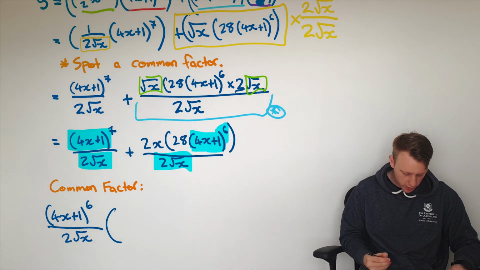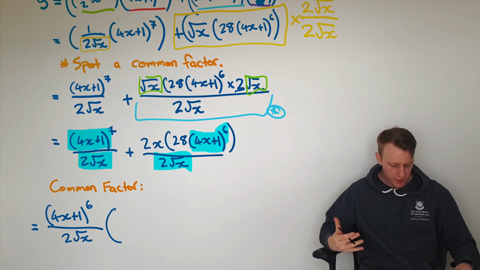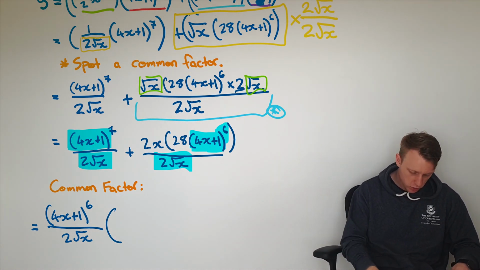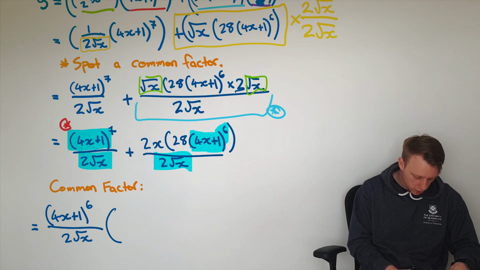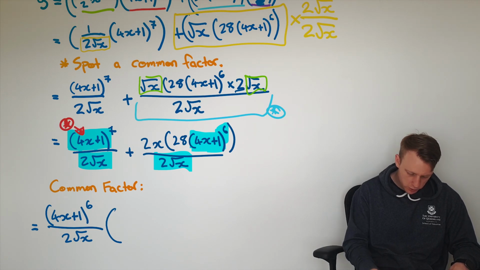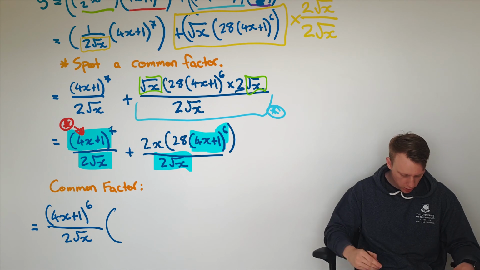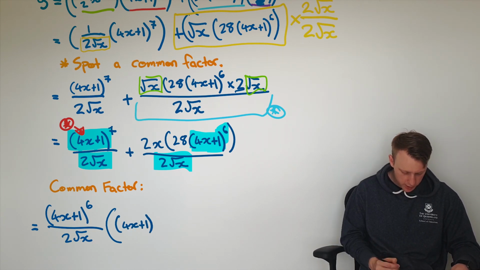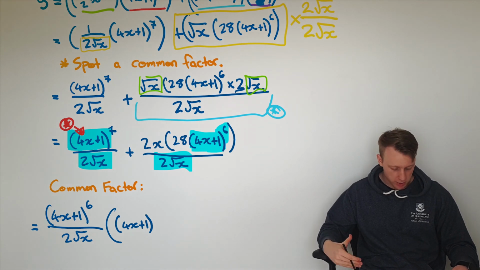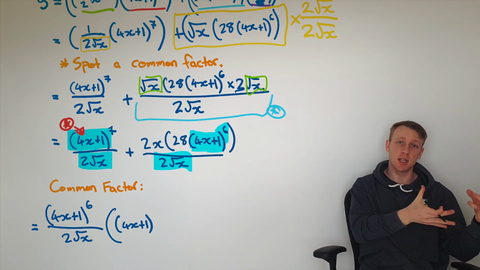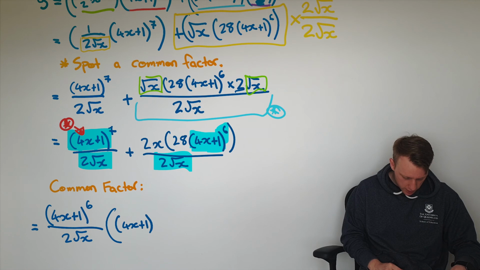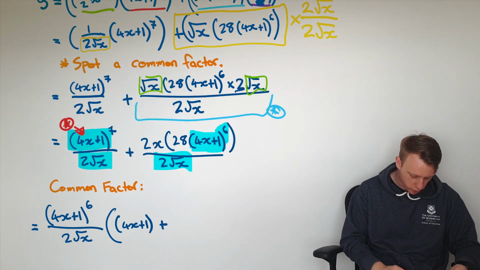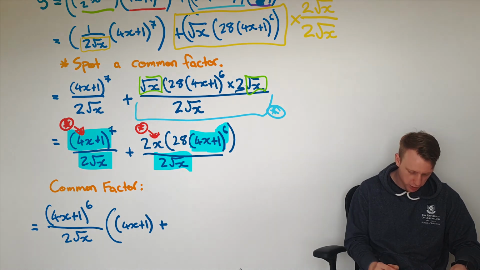And so then what we do is we find out, well, what do I need to multiply that common factor by to get this original first term? I'm only going to have to multiply it by 4x plus 1 to get 4x plus 1 to the power of 7, because I've already pulled out to the power of 6. And then plus, what I'm going to have to multiply that common factor by to get this expression here.